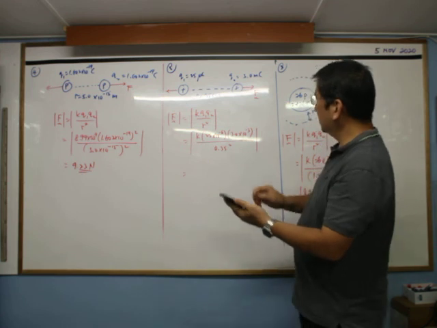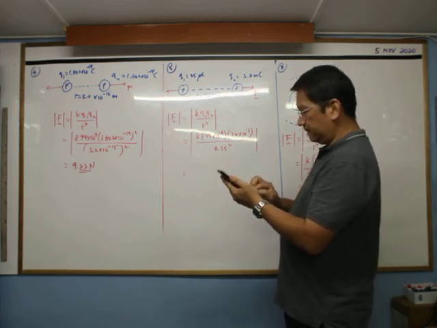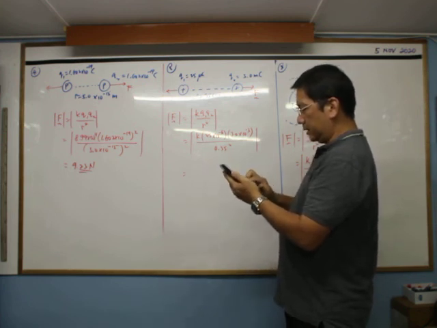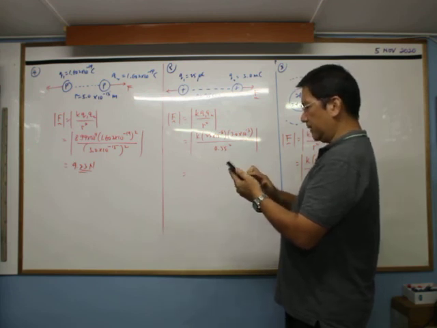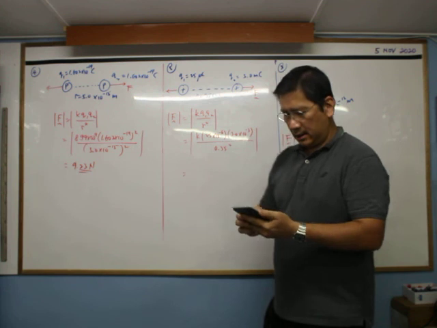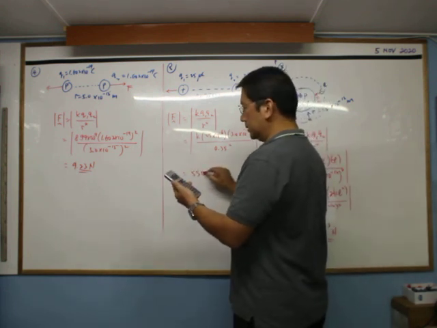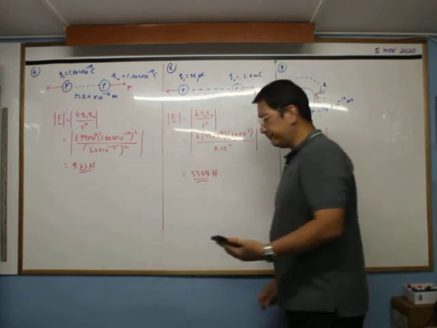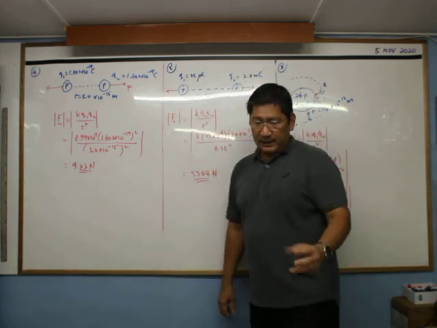Okay. 3 10 to the power minus 3 multiplied by 25 10 to the power minus 6, and then multiply by 8.99 10 to the power 9, and then divide by 0.35 squared. Okay, we have this answer, 5504 Newton.